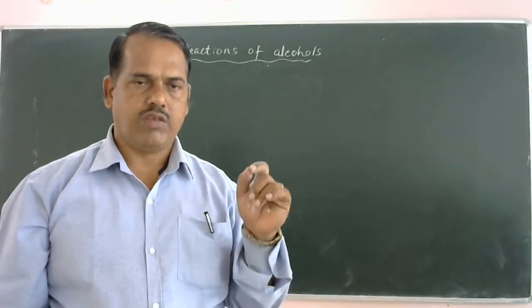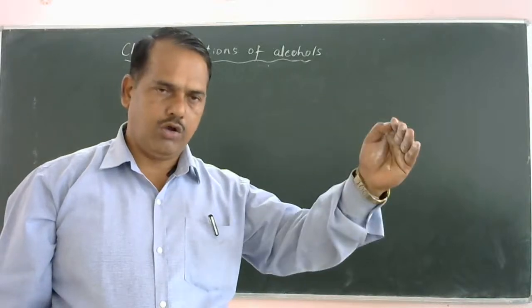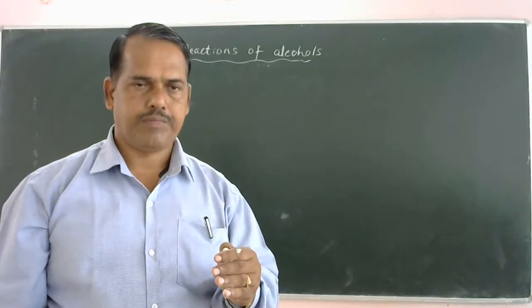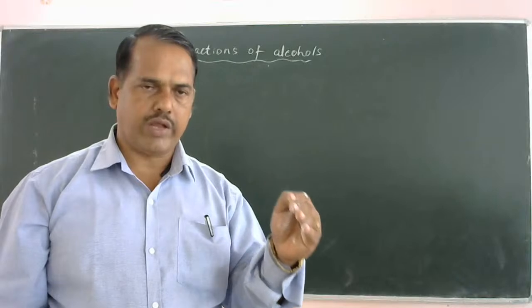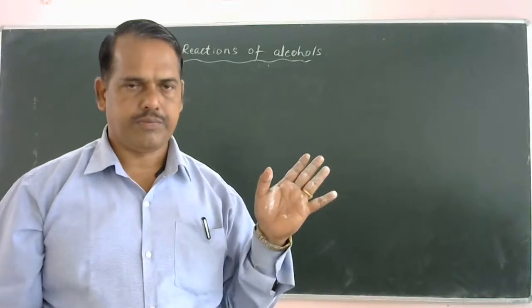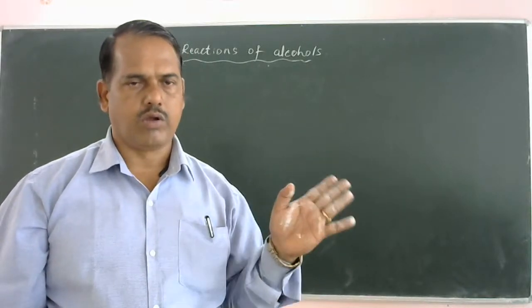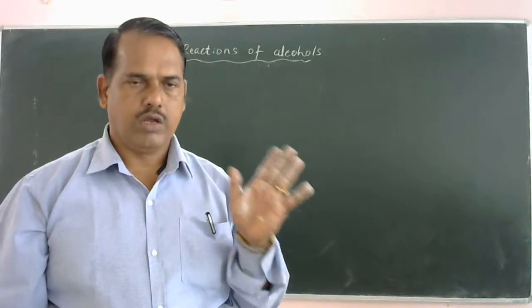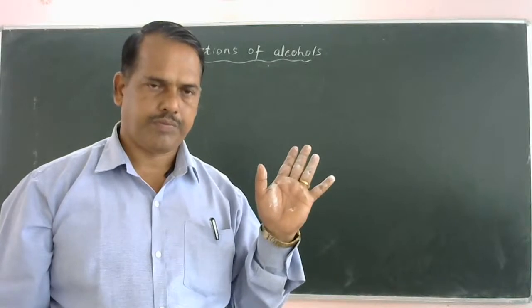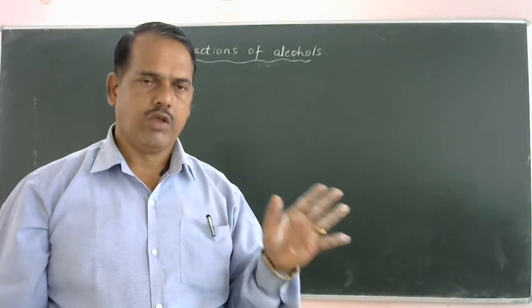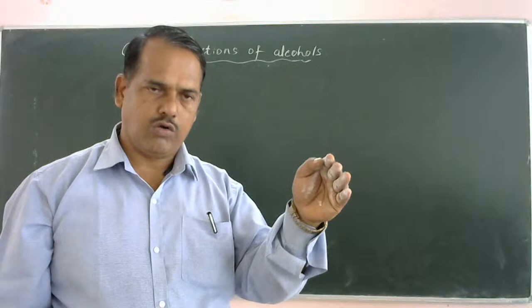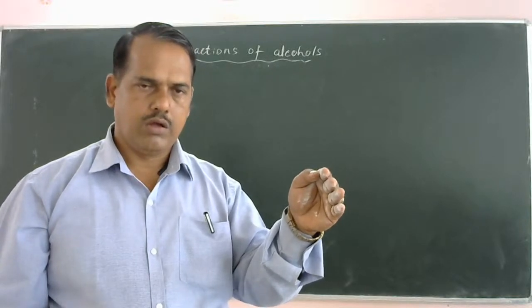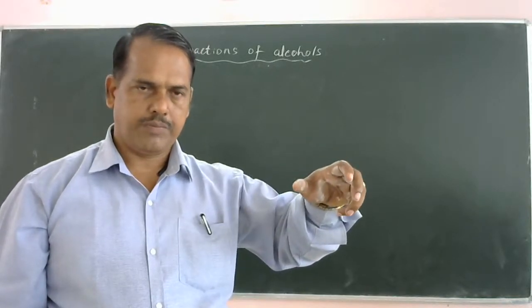Then see, compare alcohol and phenol. Phenol is more acidic than alcohol. Even then, in the alkoxide ion also, it is due to resonance. See, the oxygen and hydrogen bond are tightly held in phenol.